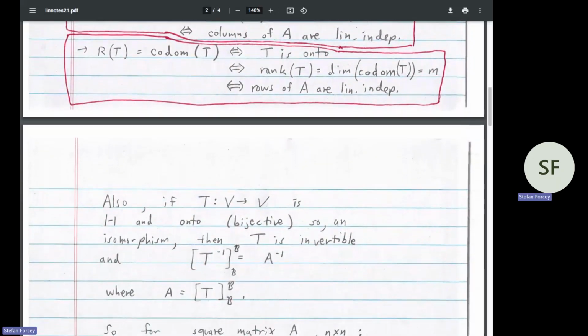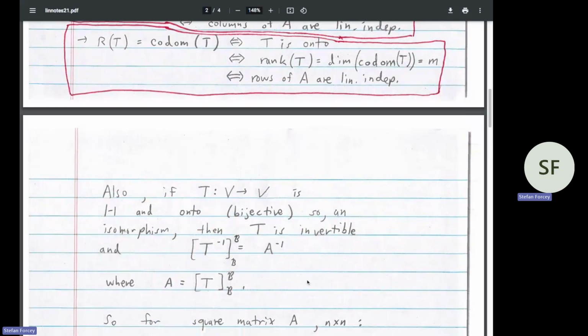Now, if T is 1 to 1 and onto, so we call it an isomorphism, then T is invertible. That means you can find a nice linear transformation that gives you back that input for each output.